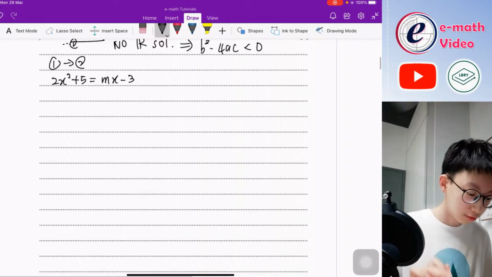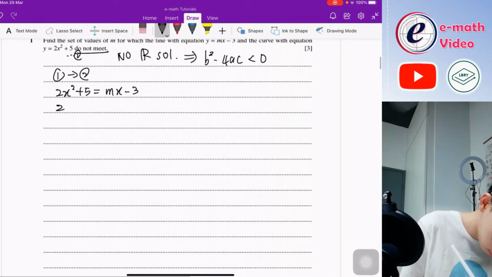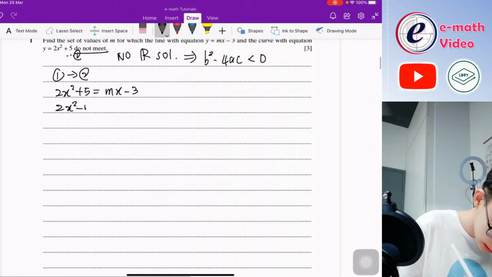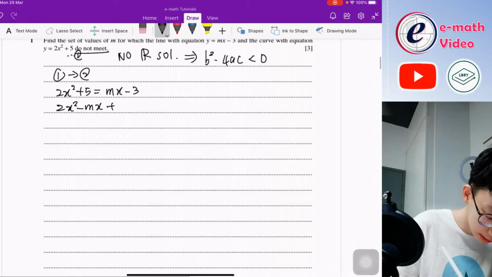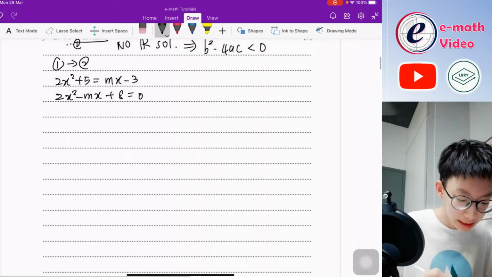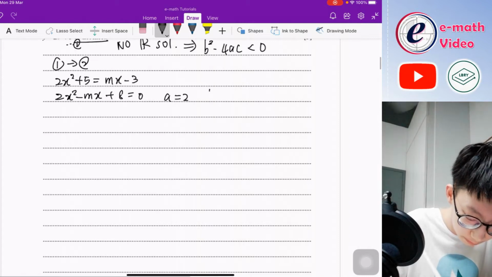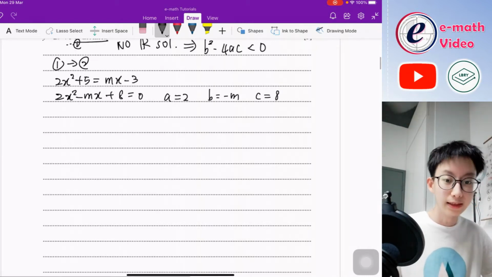Okay, so now I will just go ahead and rearrange this. It will be 2x squared minus mx, then 5 plus 3 is 8, equals 0. So now my a is 2, b is negative m, and c is 8.